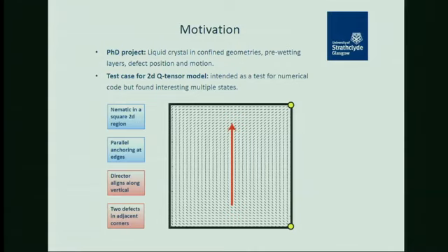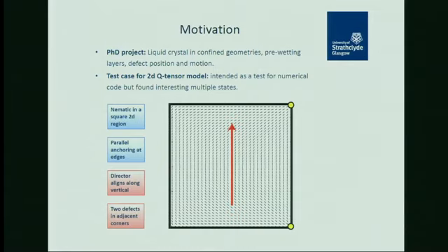There's no gravity, there's no vertical, but just vertically on the board. And one of the defects has moved from this corner over to this corner. Okay, so there's some defect movement. So to model this, we assumed you would need a Q-tensor theory which allows for defects to be modeled.